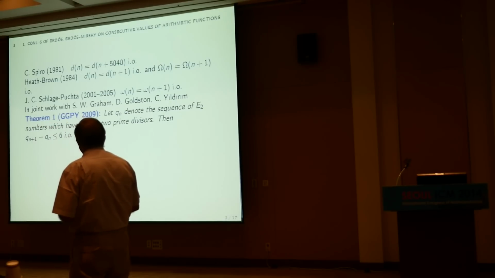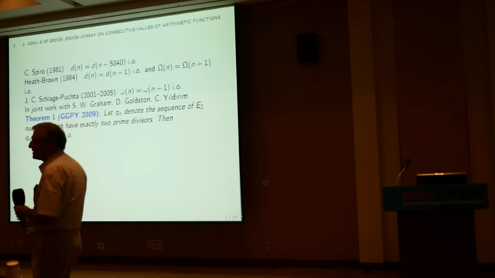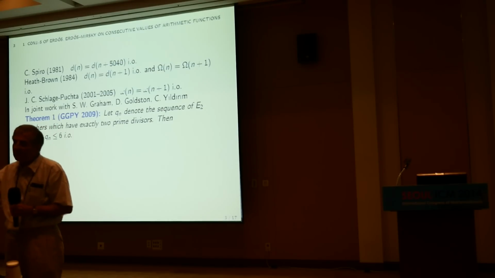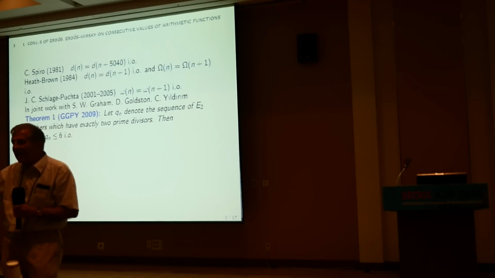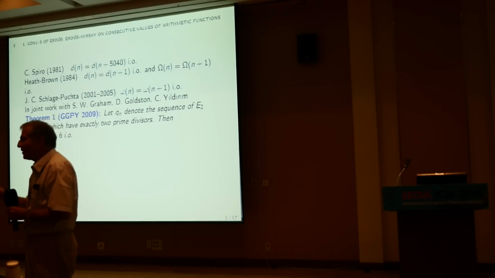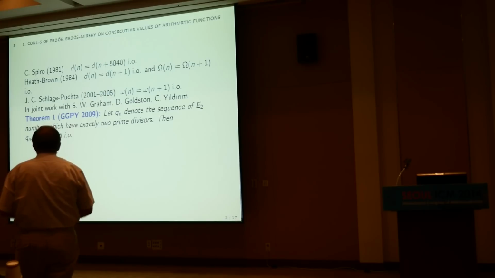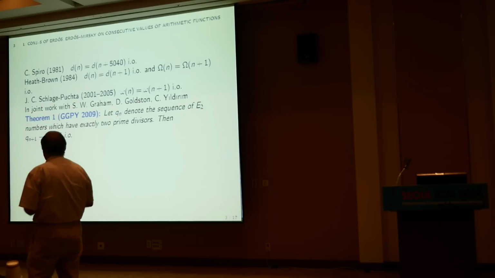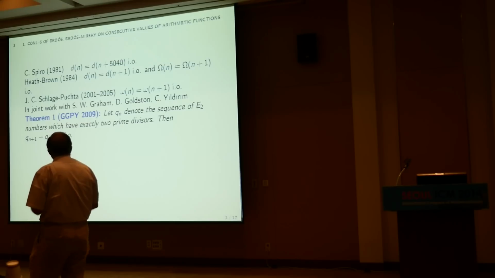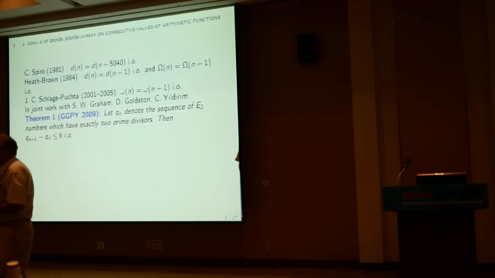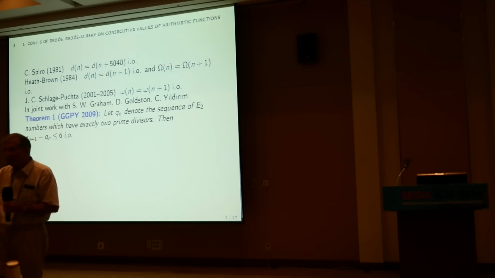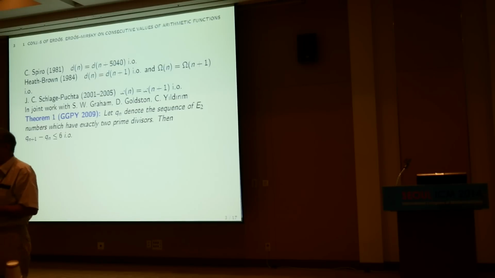But to tell the truth, he could not specify this common value, and even he could not specify the parity of this common value. All this was due to this Selberg parity barrier or parity phenomenon. And then it took another 20 years to prove the same for the little omega function, where we consider numbers with prime divisors counted without multiplicity.